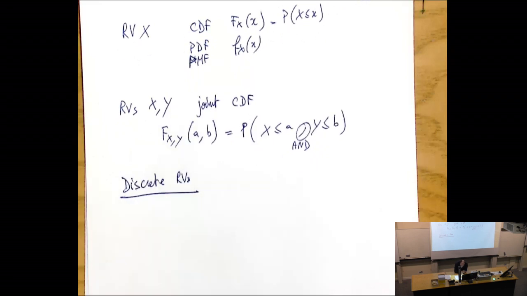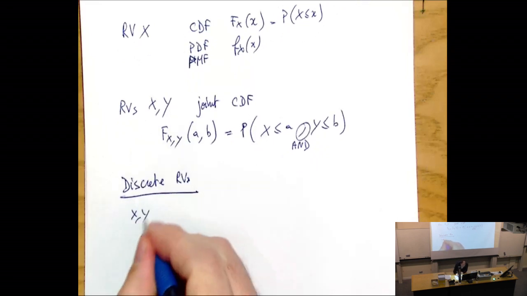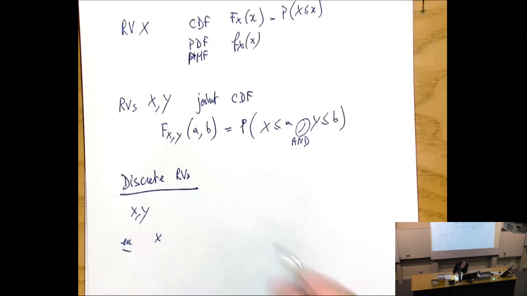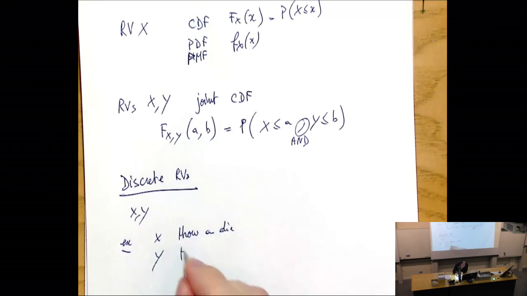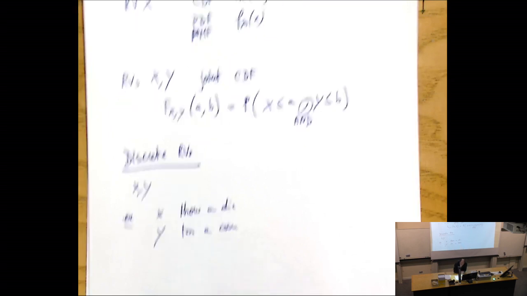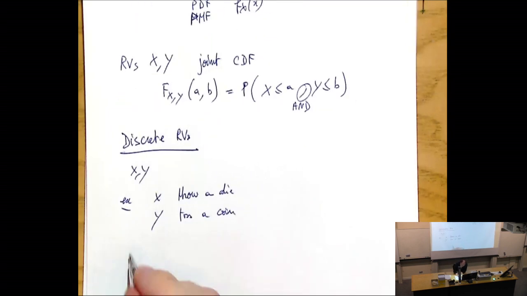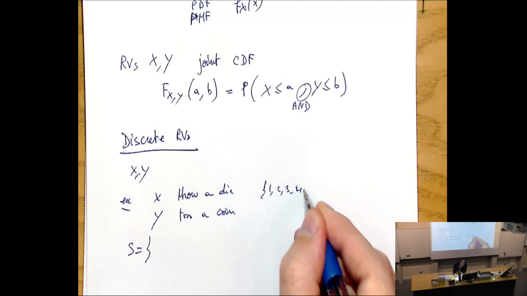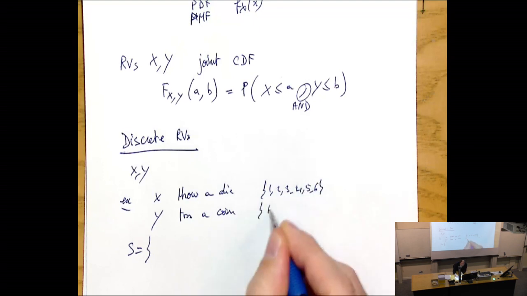So let's imagine I have two random variables, X and Y. An example of this is X means I'm throwing a die, and Y is I'm tossing a coin. If I'm doing both of them, I can have a sample space that is not only given by 1, 2, 3, 4, 5, 6, or head or tail, but a combination of those two.